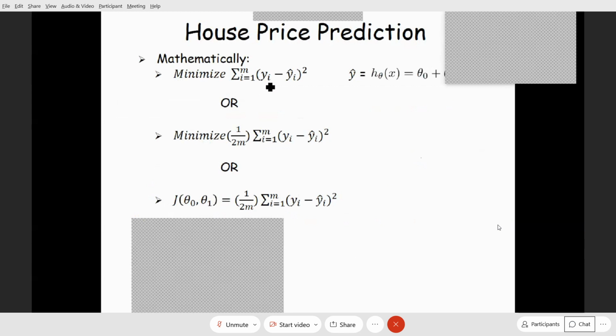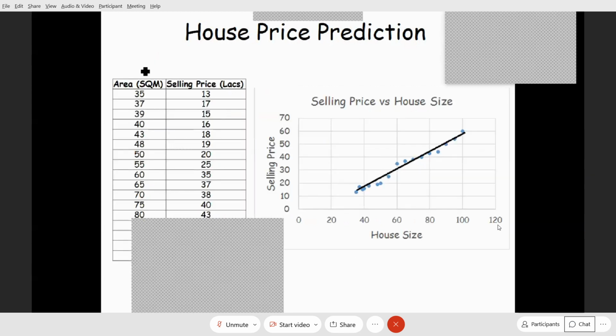So mathematically, this is what is given. How are we going to call our values? This is going to be called x, and this is going to be called y. These are instances 1, 2, 3, 4. We are going to call every instance by its instance number, where x is the input variable and y is the output variable.